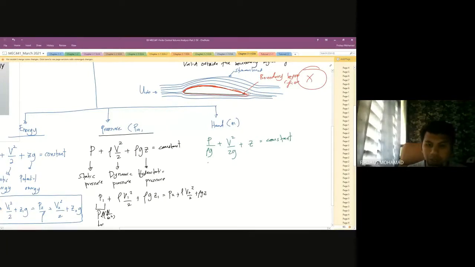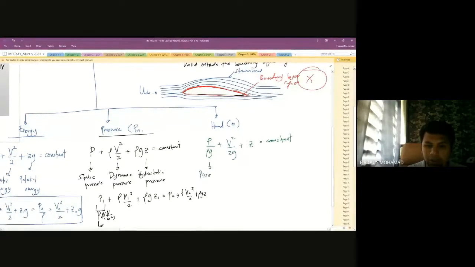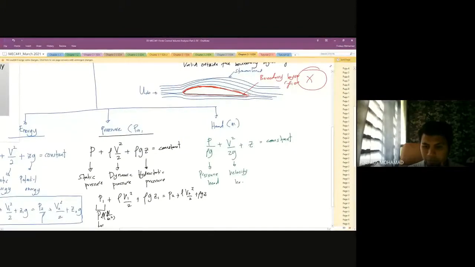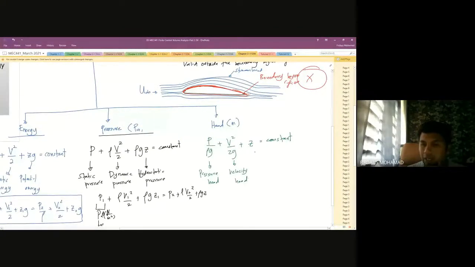Okay, so yang ni nama dia P over rho G, kita panggil dia pressure head. V squared over 2G, kita nama dia velocity head. Okay, Z of course it is head lah, potential. Okay, so of course all the unit must be meter ataupun unit dia adalah unit length.